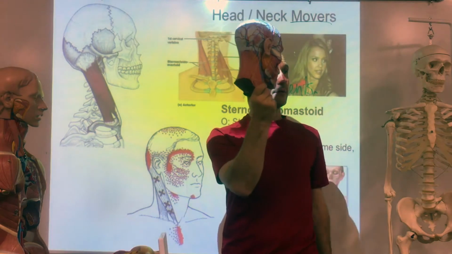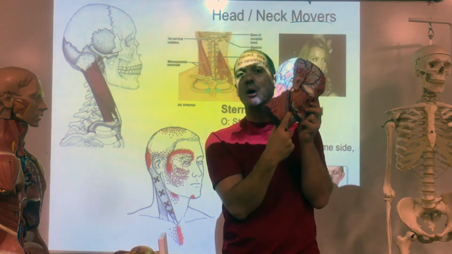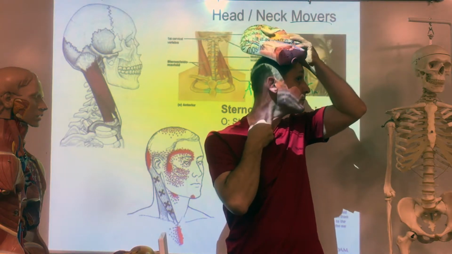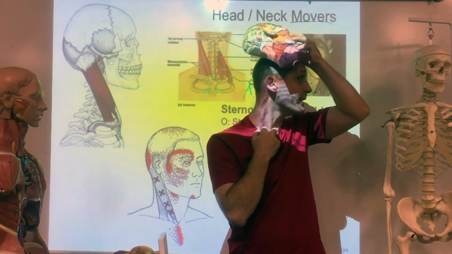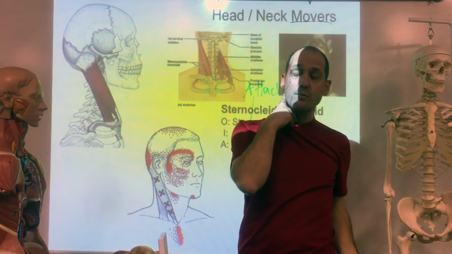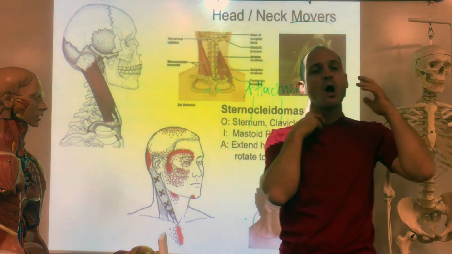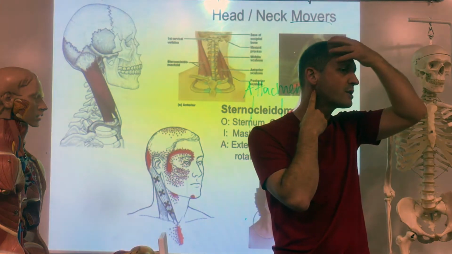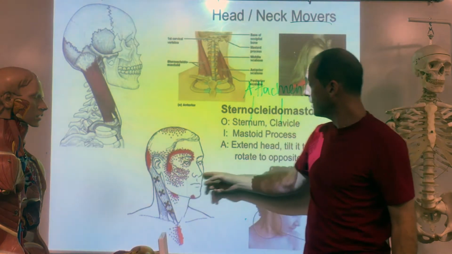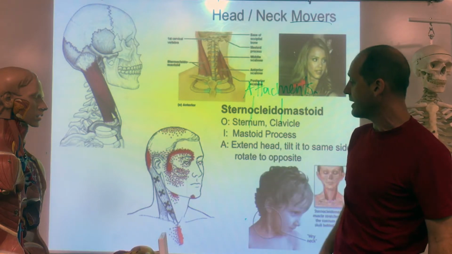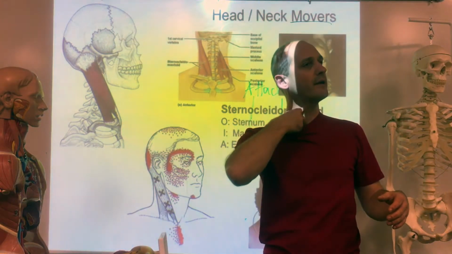It's right here. I show it on this model. It's right here. There's a clavicular and the sternal head. Cool muscle. One thing you can do when you want to study muscles, which is a little hard to do, but with this one you can actually oppose the action. Let's see what the action is. Extend the head, tilt to the same side, and rotate to the opposite side. Okay?